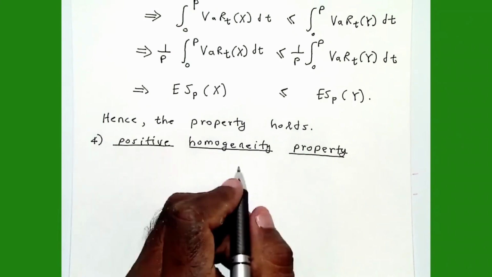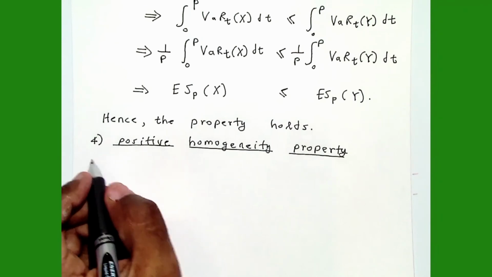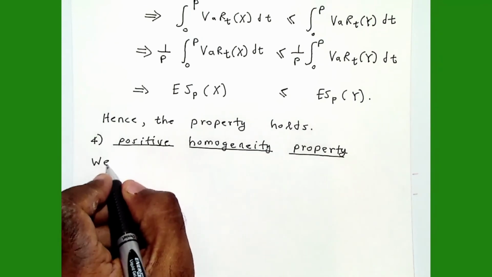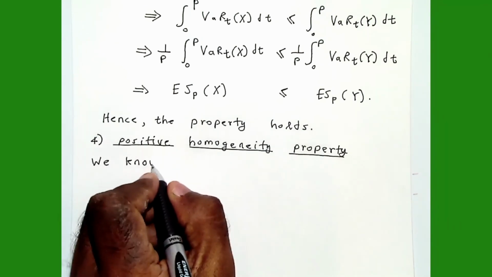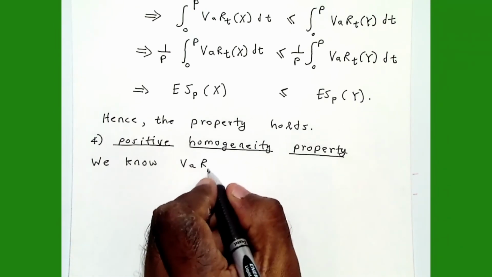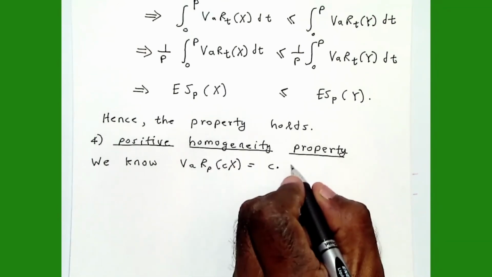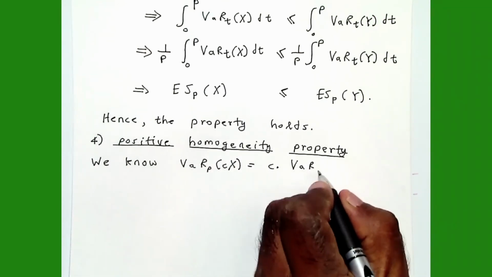Once again, we have proved this result for VaR, so we know that VaR of c times x is equal to c times VaR.